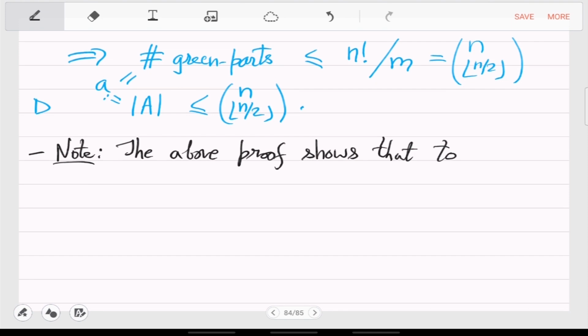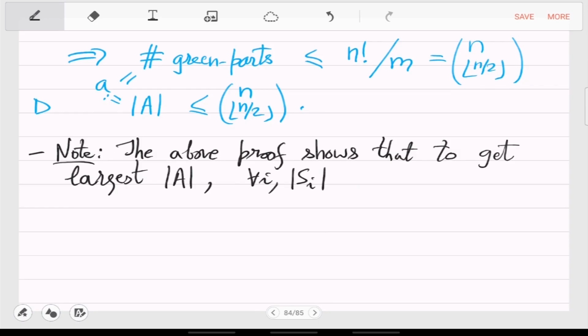When we think about a longest anti-chain, to get the largest sized anti-chain, for all i, the subsets that it has can only be either of size k or k plus 1, where k is n by 2 floor.